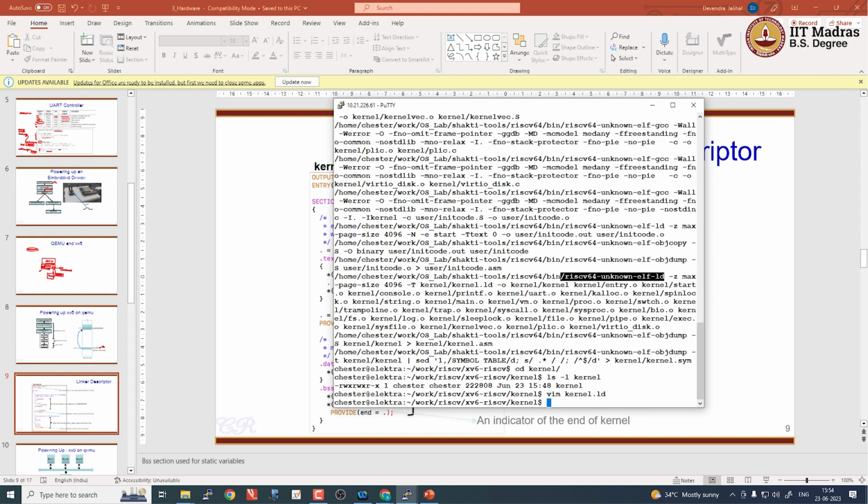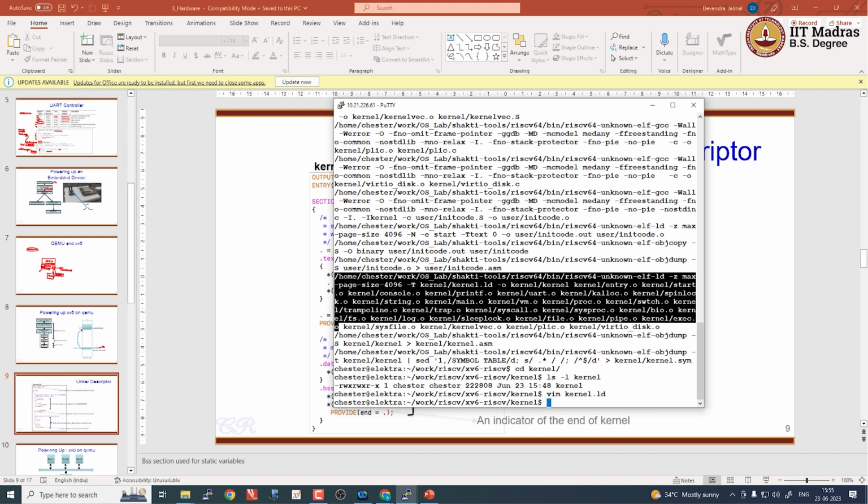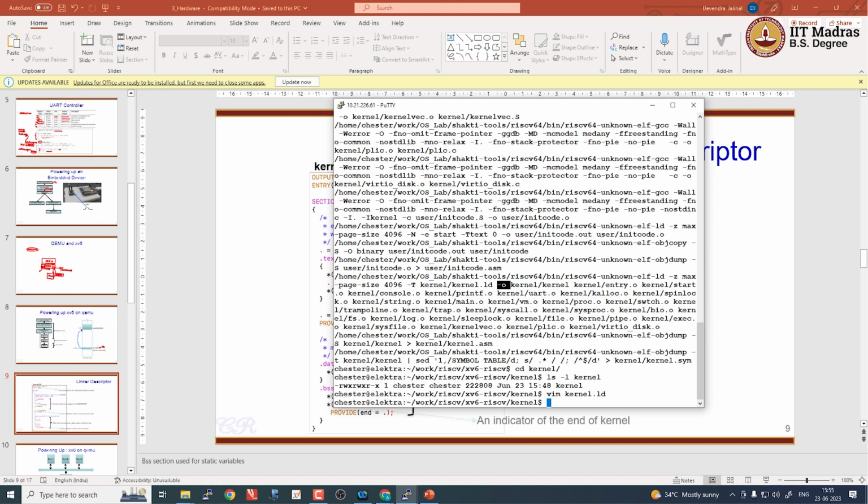A quick note: what is this riscv64-unknown-elf-ld? This is the linker. riscv64-unknown-elf corresponds to a cross compiler which executes on my Intel processor and creates code for the RISC-V 64 platform. The output of this ld command is specified by -o kernel, so the executable is called kernel.